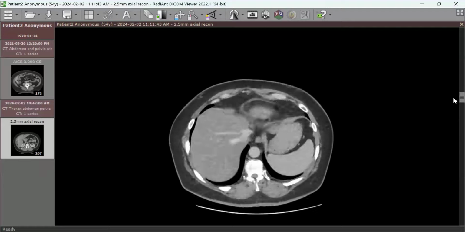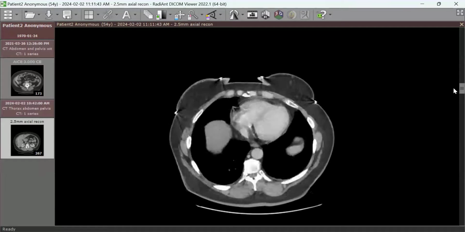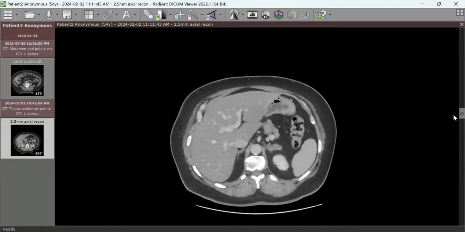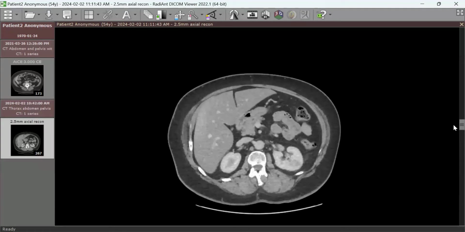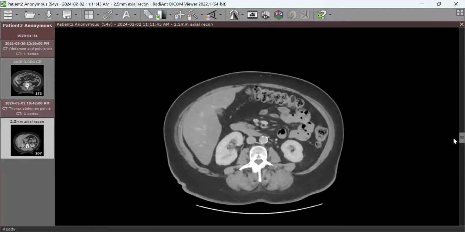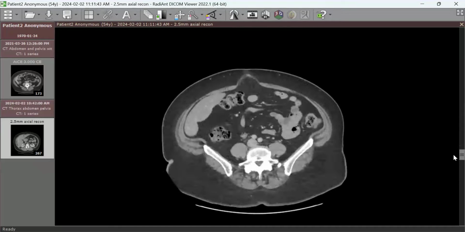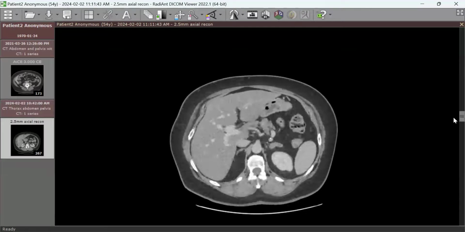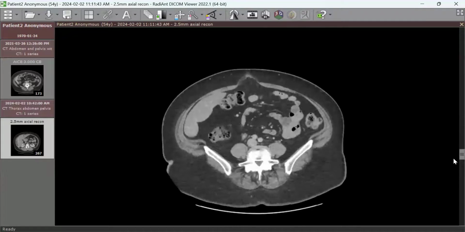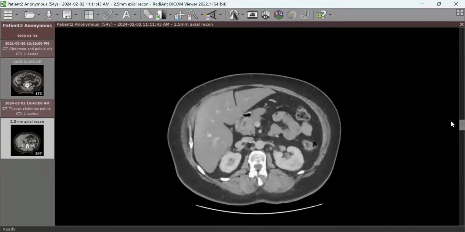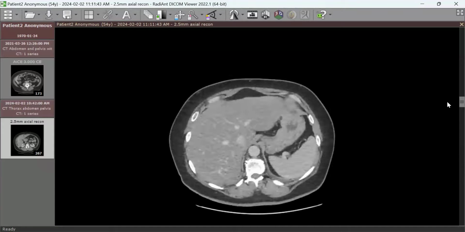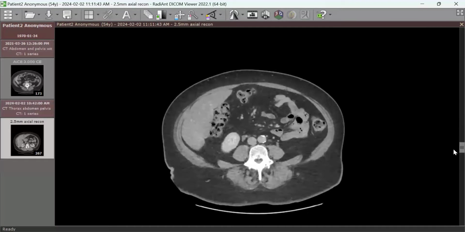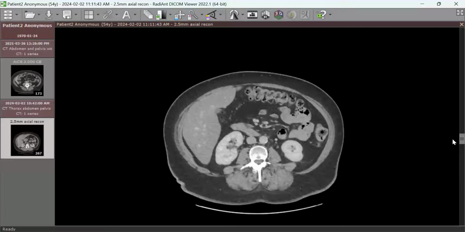Still, there's another finding. So I want you to just go systematically, look at the organs, and let me know if you find anything. Regarding the liver, it's large and there is no focal lesion. Regarding the pancreas, it is normal in size, no focal lesion.